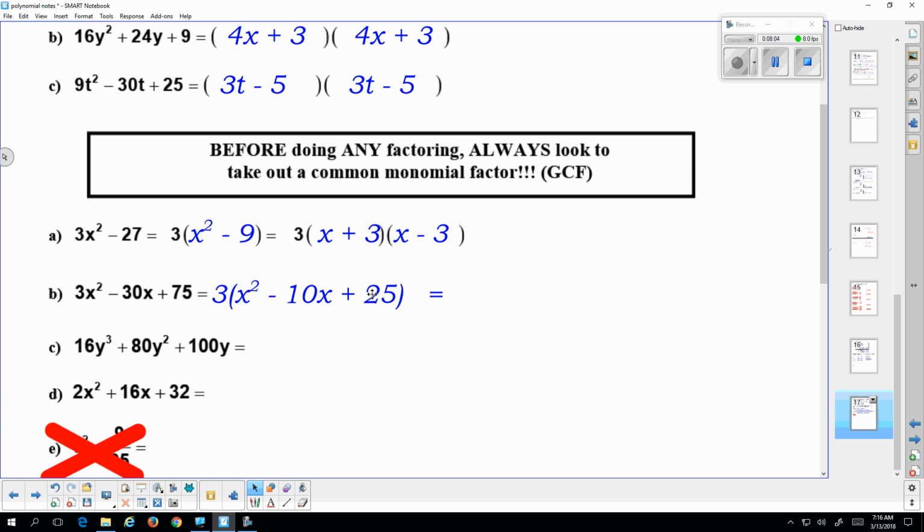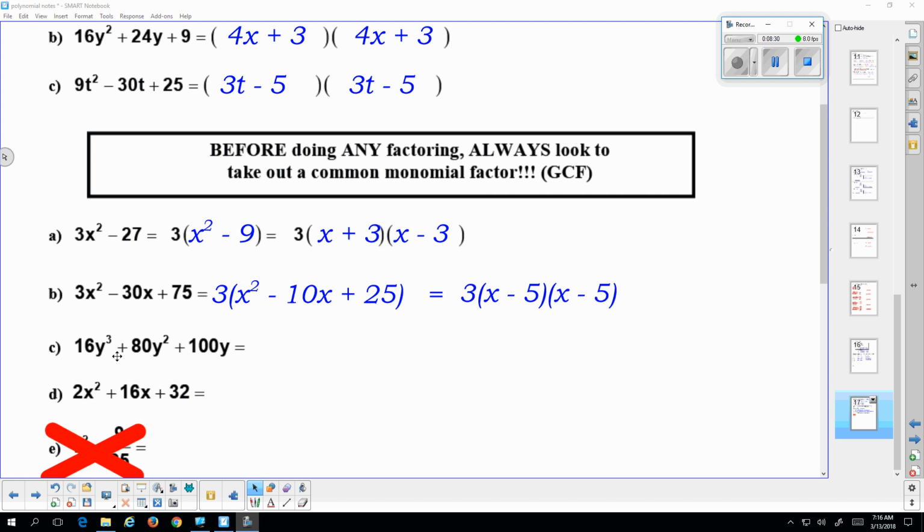Take the square root of each of them. Square root of x squared is x, square root of 25 is 5, and since it's minus 10x, you have minus 5. x minus 5, x minus 5. And then if you do 1 times negative 5, that's negative 5. Twice negative 5 is negative 10.